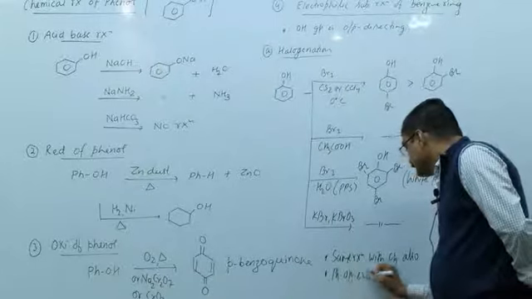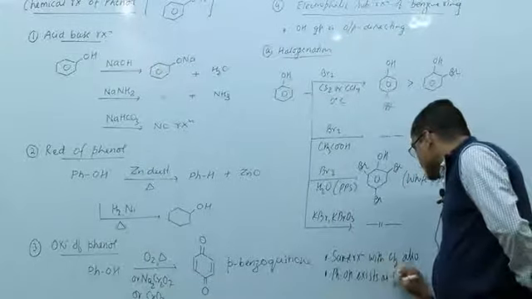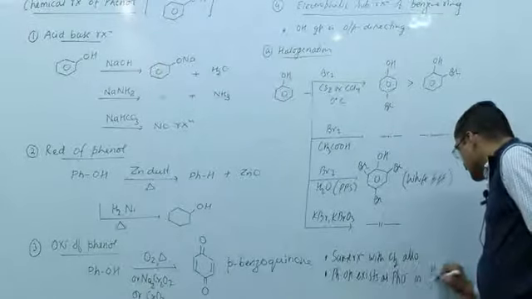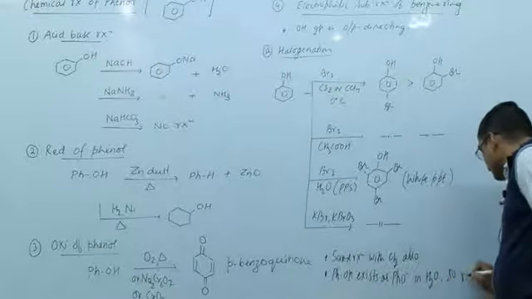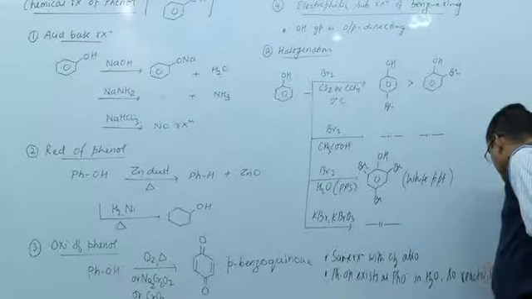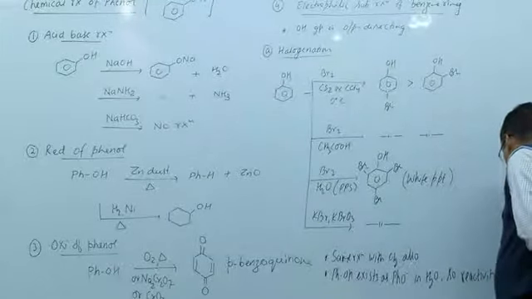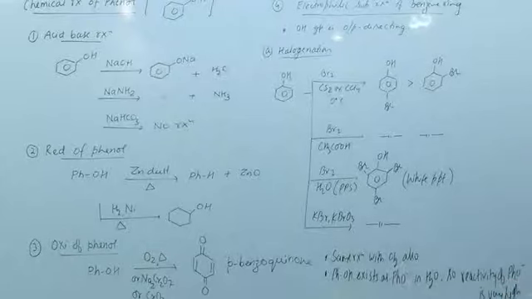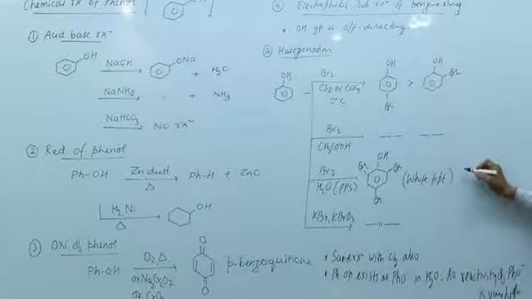Phenol exists as PhO minus in water, so the reactivity of PhO minus is very high. That's why the tribromo product or trichloro product is formed.